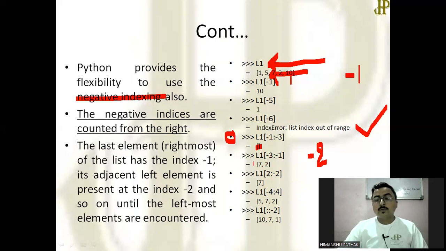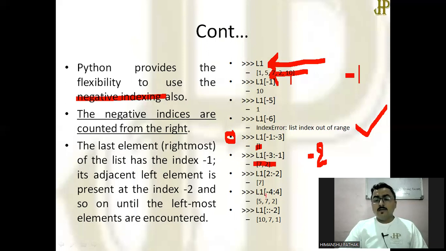Only the values 7 and 2 are printed. The -1 position, that is 10, is not printed, because you know that whatever stop value is given, it will go up to stop value minus 1. So here again, I have given the start at -3, that is 7, and go up to -2, meaning the -3 position. -3 is again 7. So only 7 is printed.